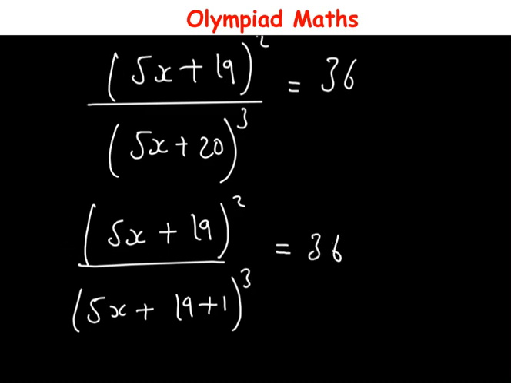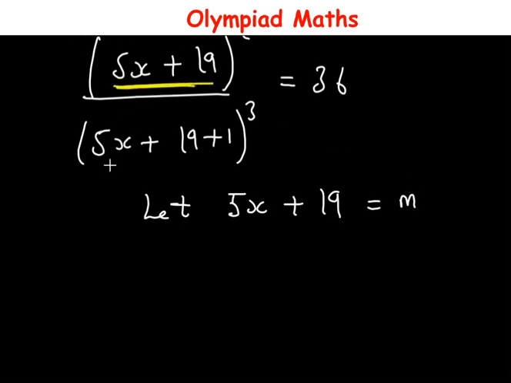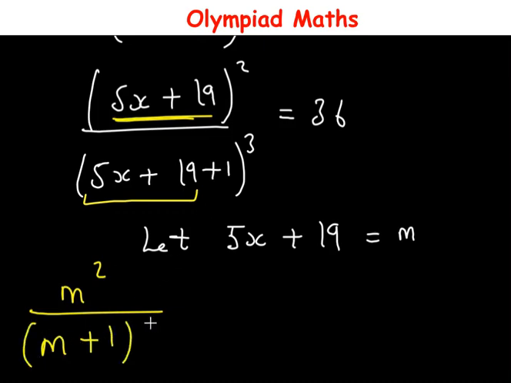Now at this junction, let us suppose 5x + 19 equals m. We have 5x + 19 here, and also 5x + 19 here. So let 5x + 19 equal m, such that this becomes m^2 divided by (m + 1)^3 equals 36.